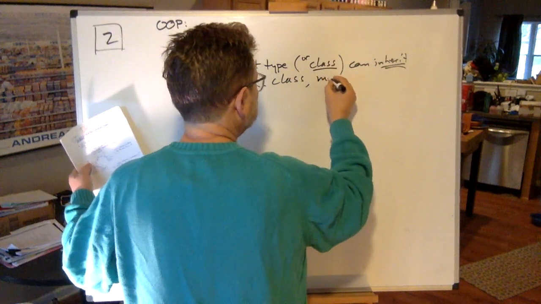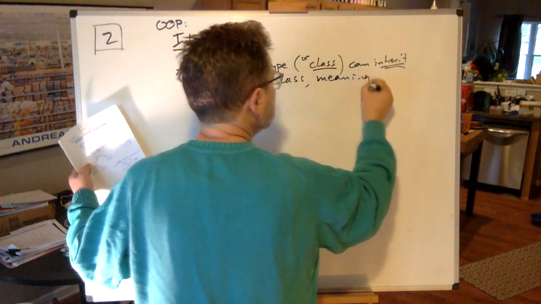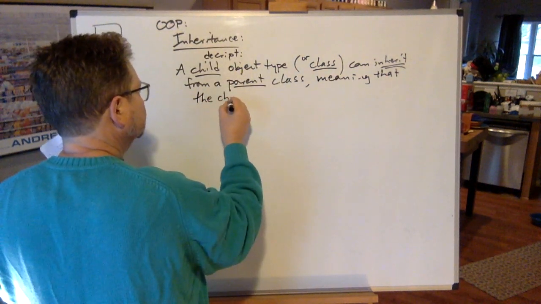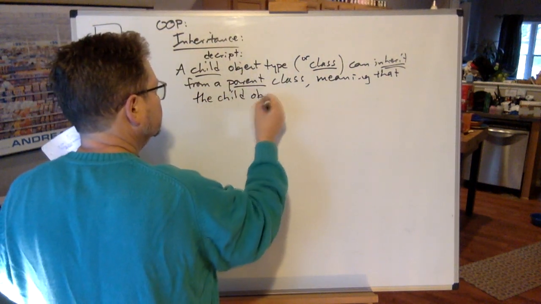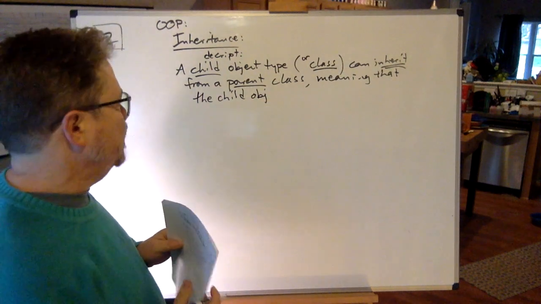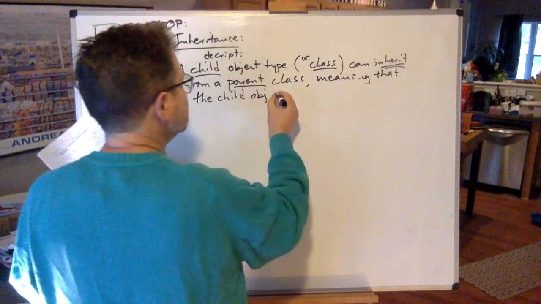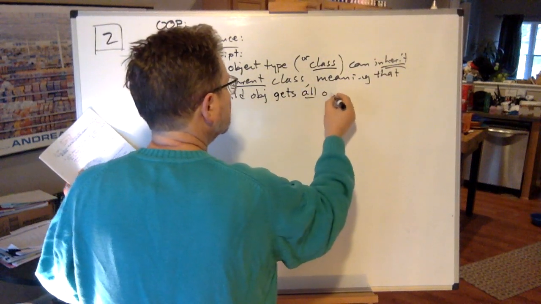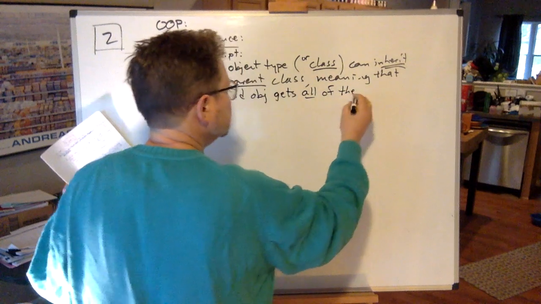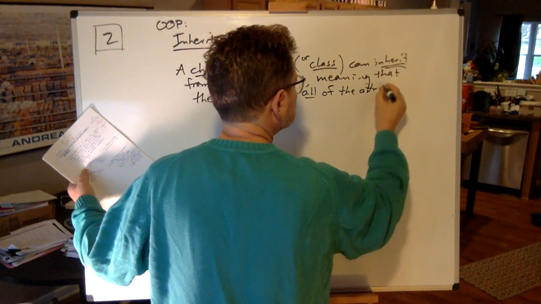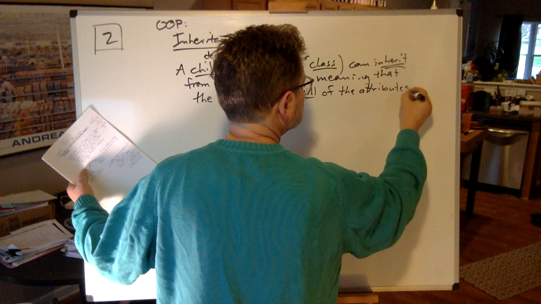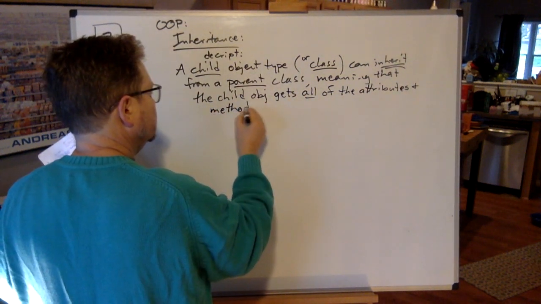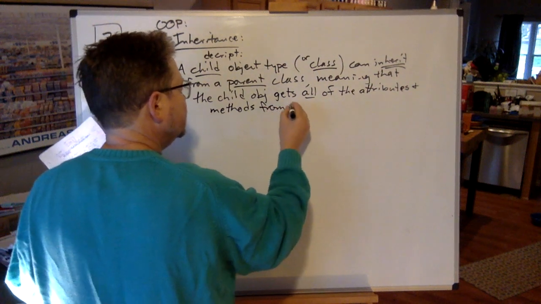Meaning that the child object, abbreviate OBJ for object, gets everything, all of the attributes and methods from the parent.